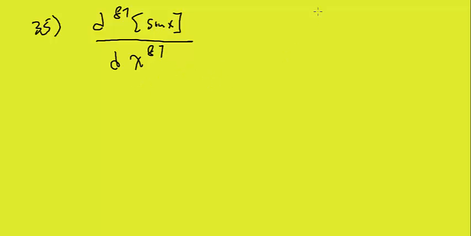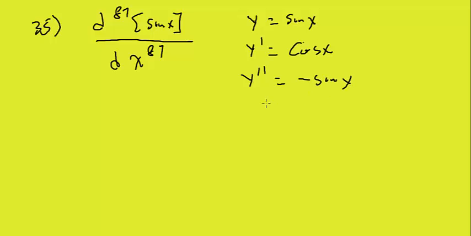Okay, here we go. We got a long ways to go, so let's get started. y is equal to sine of x. What's y prime? Cosine of x. What's y double prime? Sine x. What's y triple prime? Cosine x.